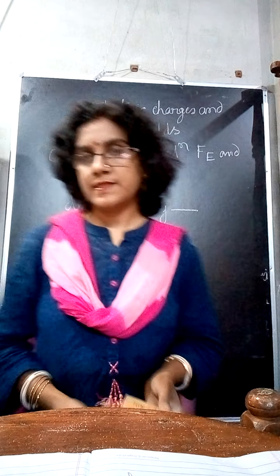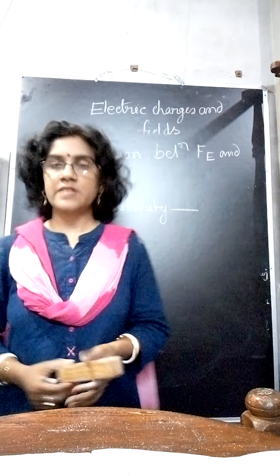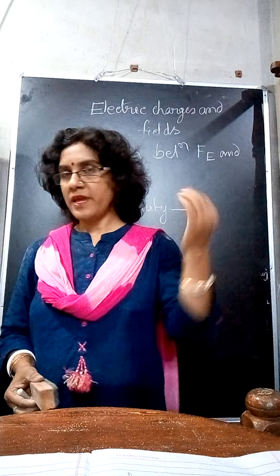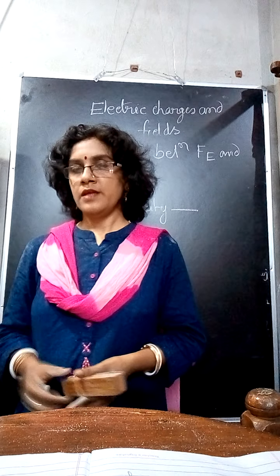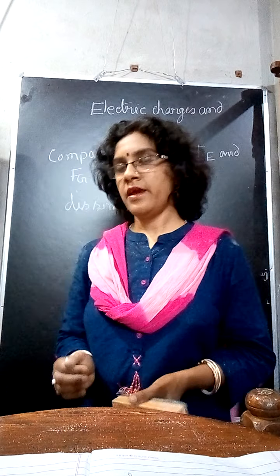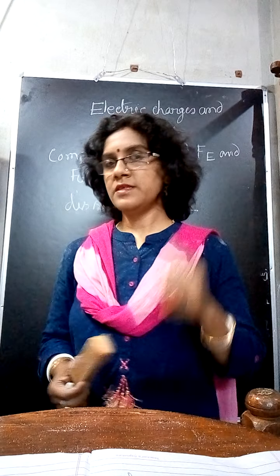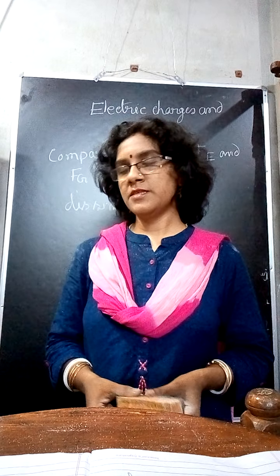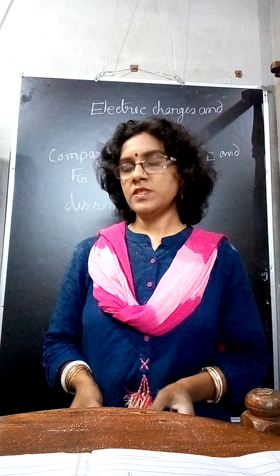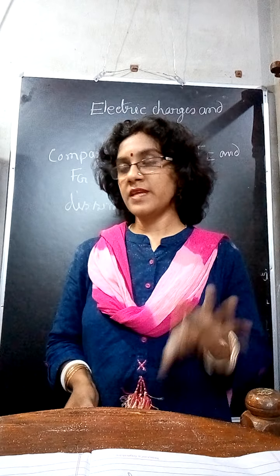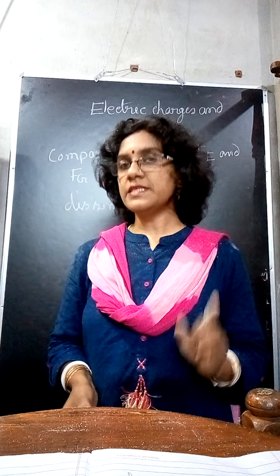Electrostatic forces sometimes will be attractive, sometimes repulsive, but gravitational force is always attractive. That is dissimilarity number one. Dissimilarity number two: electrostatic force depends on the nature of the intervening medium, that is, it is not universal.